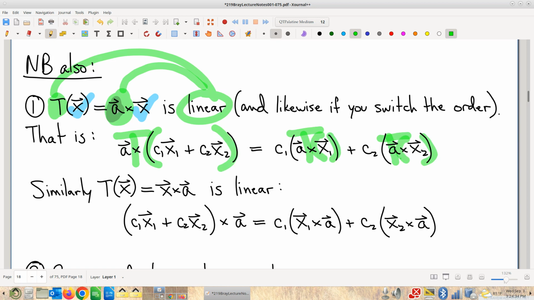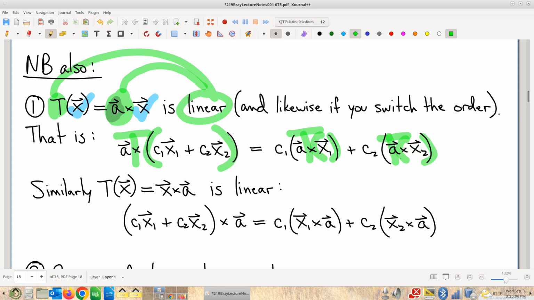The action of crossing with A, I'm rewriting as t there, and notice all this bit of algebra that kind of looks like a distributivity and an associativity of sorts, is really just saying when you put a linear combination into a cross product, what you get out is a linear combination of individual cross products. So cross products are linear in that sense. So, kind of a cool fact.